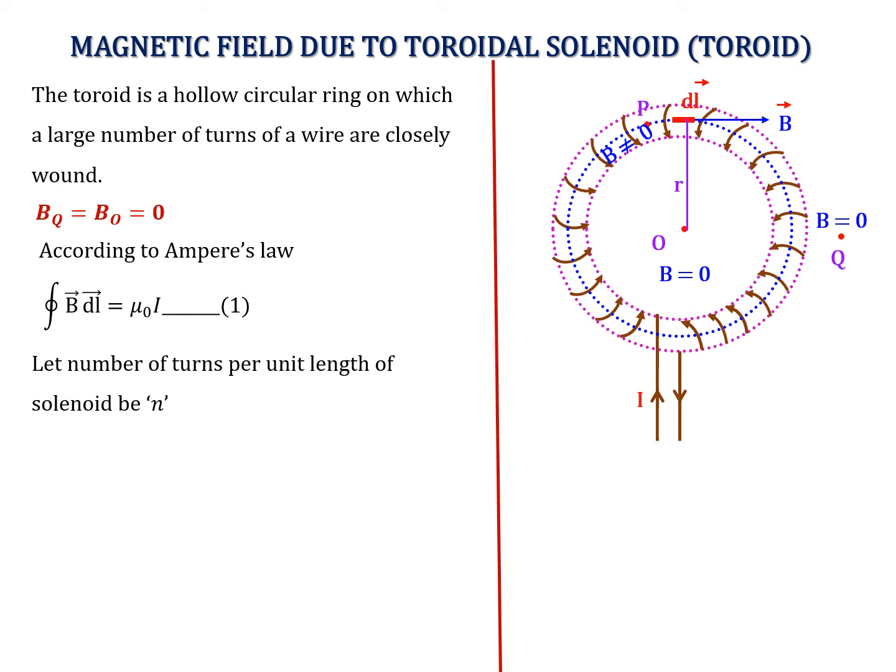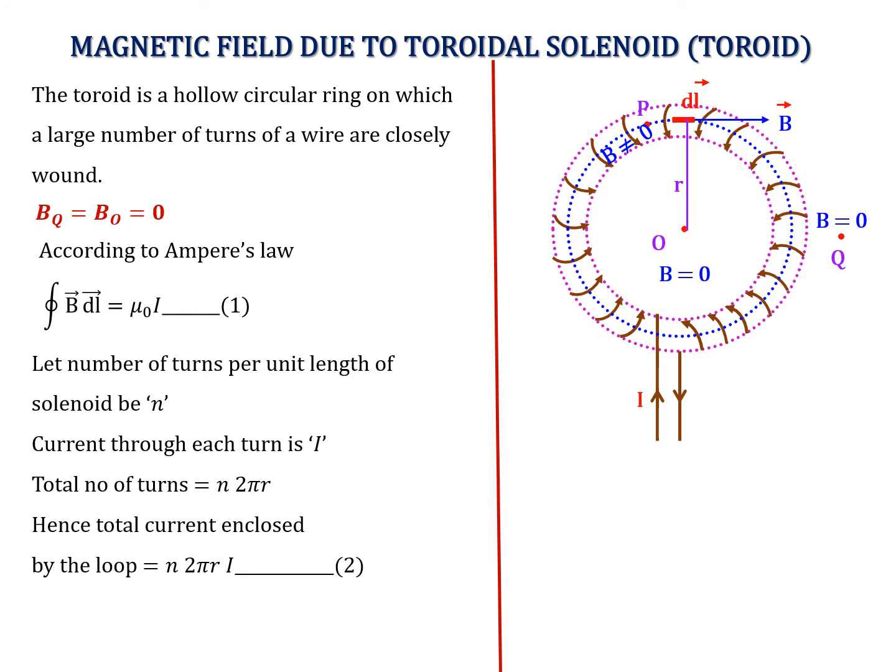We know the length of the loop will be 2 pi r. Here r is the radius of the loop, hence the length will be 2 pi r, and the current through each turn is I. So, the total number of turns will be n into 2 pi r, and hence the total current will be n 2 pi r into I.